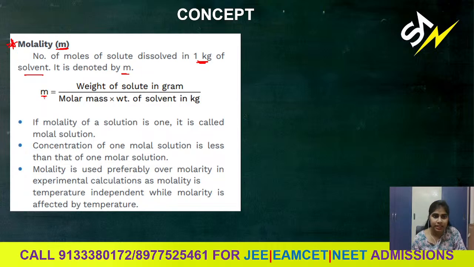Molality is given by the formula: weight of the solute in grams divided by molar mass, that is the number of moles, per weight of the solvent in kgs. So this is the formula of molality. If molality is 1, that is known as a 1 molal solution.